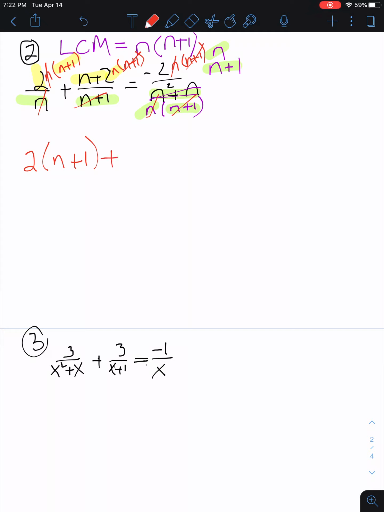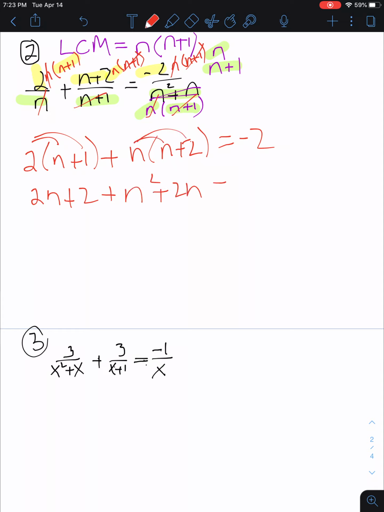So this would be plus n times n plus 2, equals, and in the third term, all I have is a negative 2. So I would distribute my 2's, so that'd give me 2n plus 2, plus, distribute the n's, and I'd have n squared plus 2n equals negative 2.